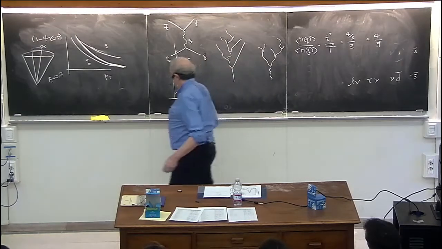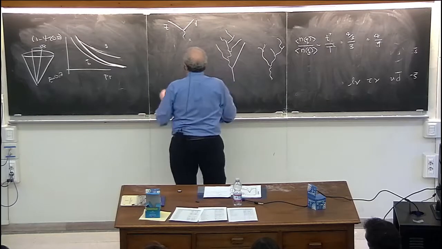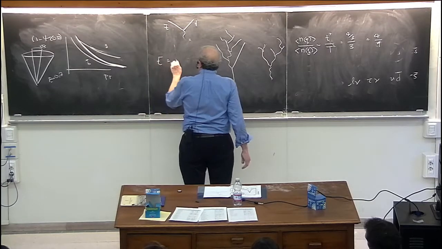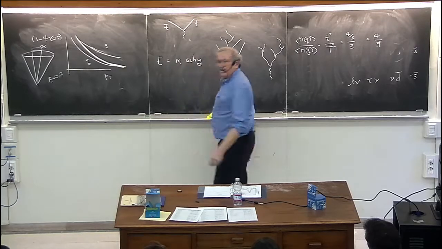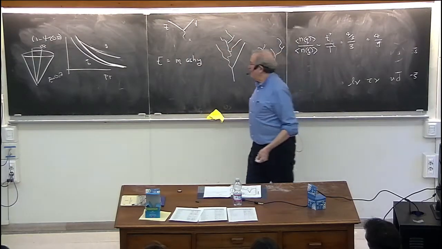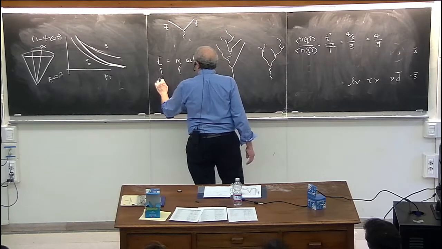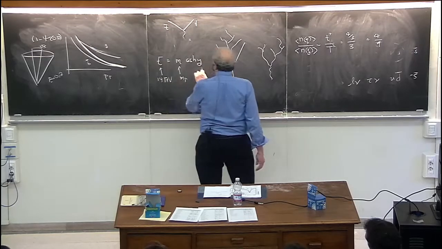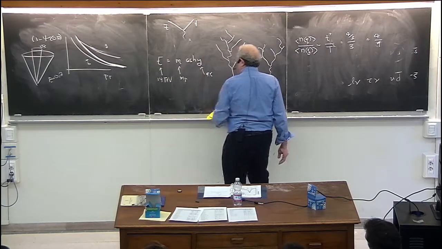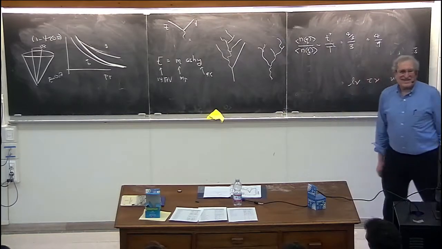Oh, I'm sorry, please excuse me. E equals m times the cosh of y. So if you put the proton mass here, and you put 14 TeV here, this number is 9.5, if I computed it right. It's just that.